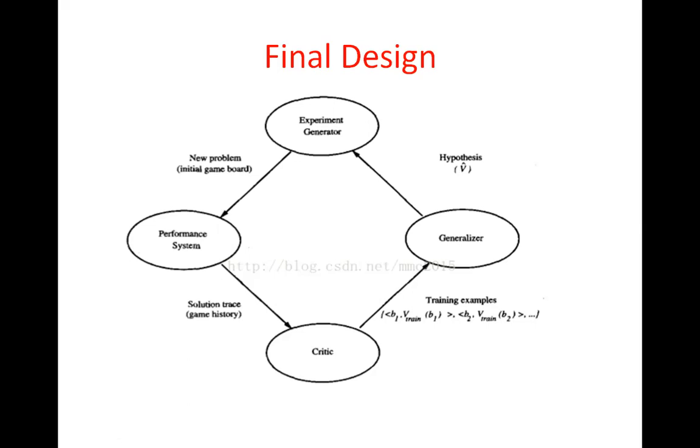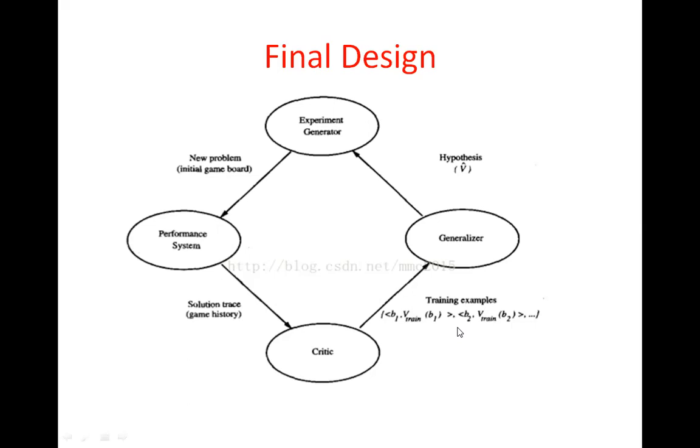Again, a training example is nothing but the combination of board state and its particular value: B1 comma V train of B1. Board state B1 and its value. So it will generate those training examples.